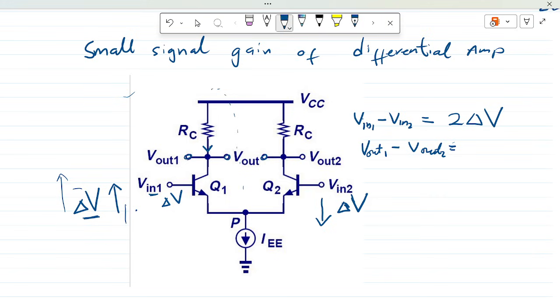The Vout at this node would be VCC minus IC, but the IC we are going to break into two parts: the bias collector current, in this case IEE over 2, plus the slight change in the collector current, and this slight change is as a result of this, so change in IC1.